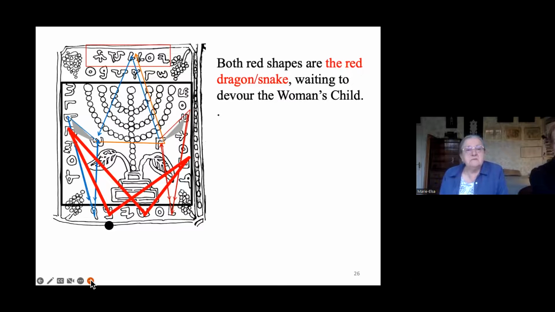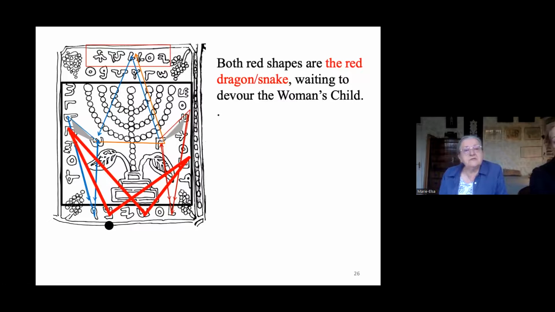You remember in the book of Revelation, as the lady gives birth, a red dragon is waiting down beneath her to devour her son, but he escapes and goes up to the throne of God. If you start at the black dot and you follow that triangle up to the right, so up and then down again, that says snake or dragon.